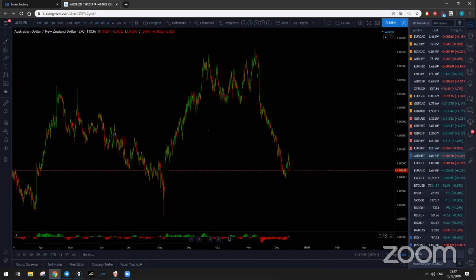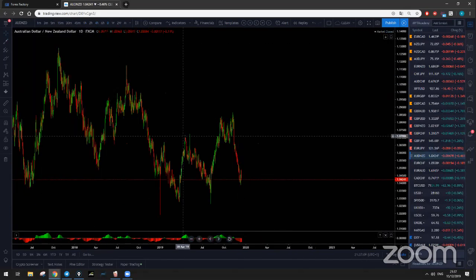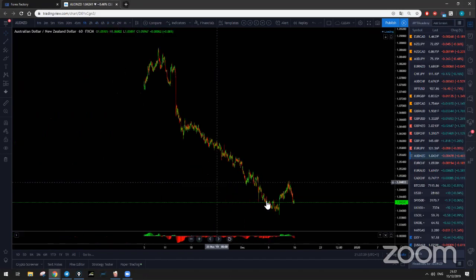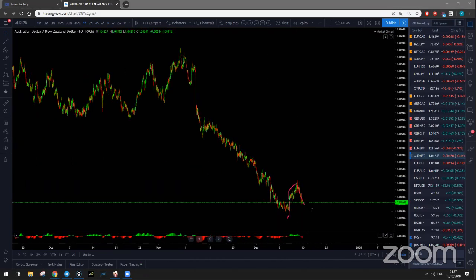Aussie New Zealand, what do we have there? Nothing. We are still in the correction, and I see that this will go a little bit lower, or at least give you a bigger correction before it continues to the downside. Let me take a look at the lower time frame. Yes, it will give you a bigger correction before heading to the downside.